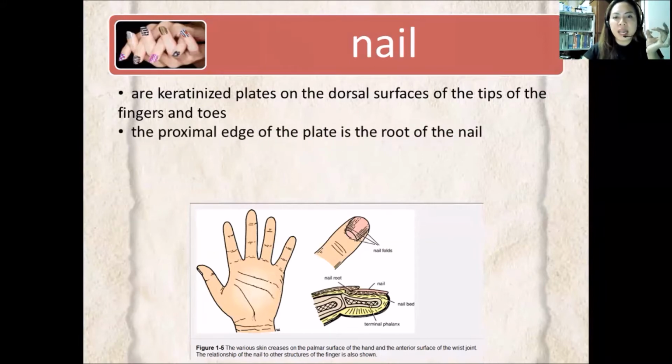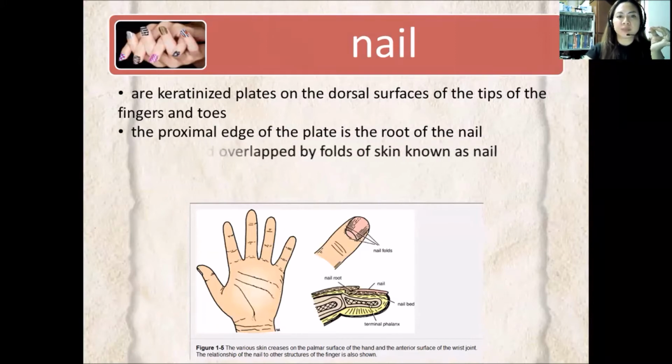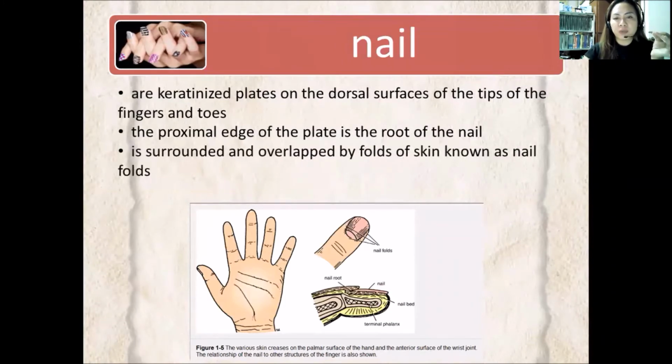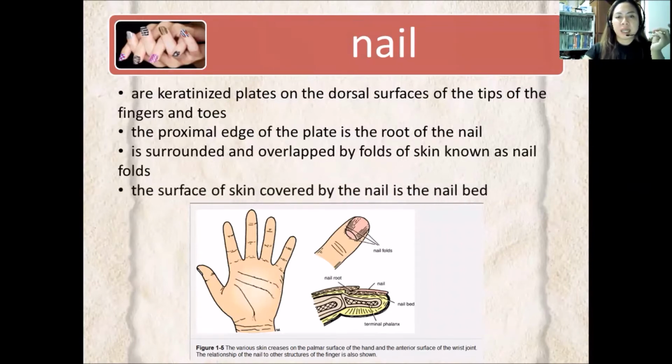The proximal edge of the plate is the root of the nail. Okay? So meron siyang root portion. It is surrounded and overlapped by skin folds known as your nail fold. So meron siyang nail fold. And then the surface of the skin covered by the nail, yung sa ilalim, is the nail bed.